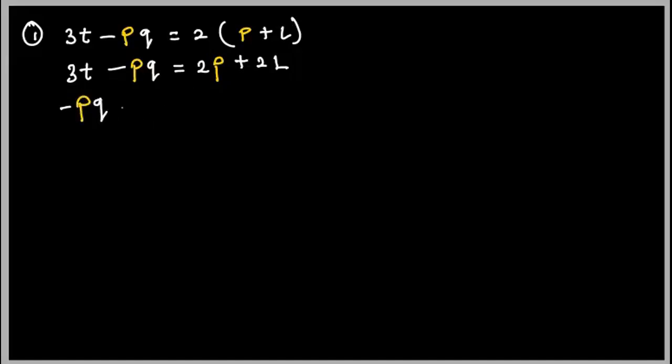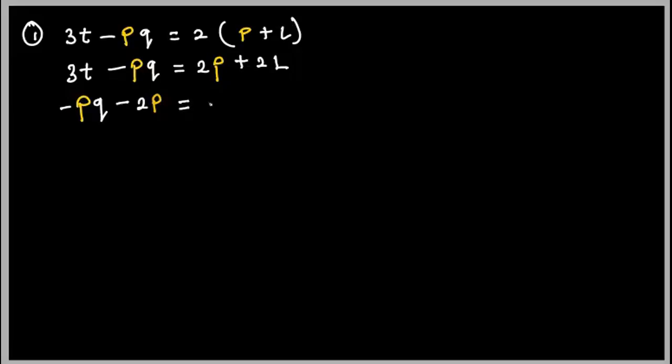Now, bringing 2P to the left hand side. 2P is on the right hand side, so take it to the left hand side, it becomes minus 2P. Now, having done this, take every other thing that does not have P to the right hand side.